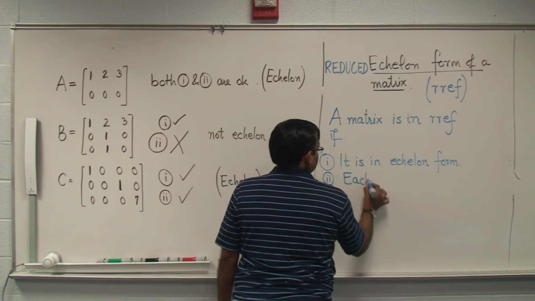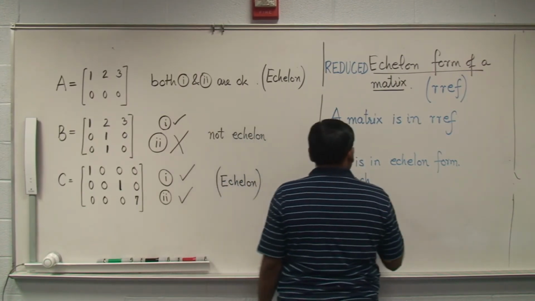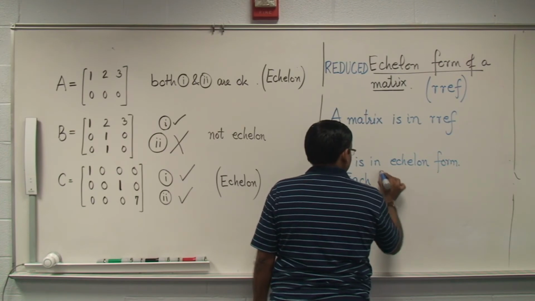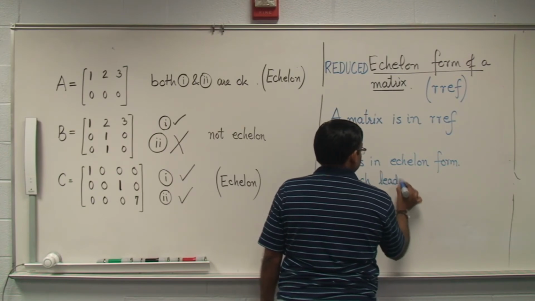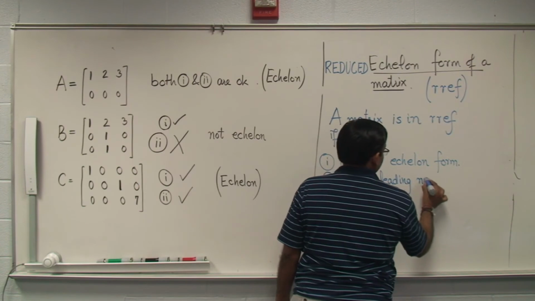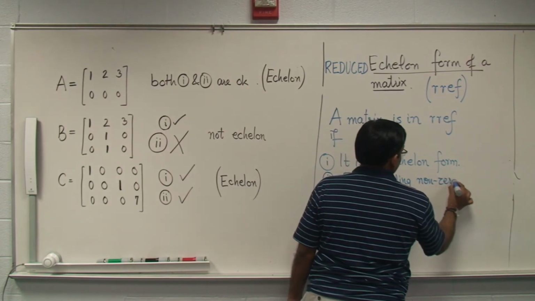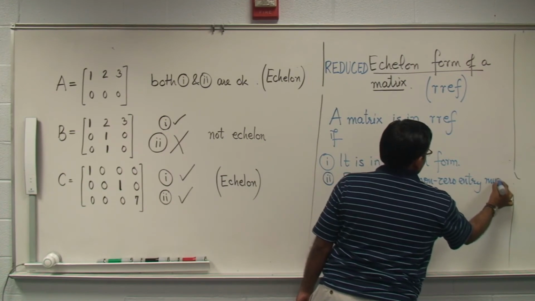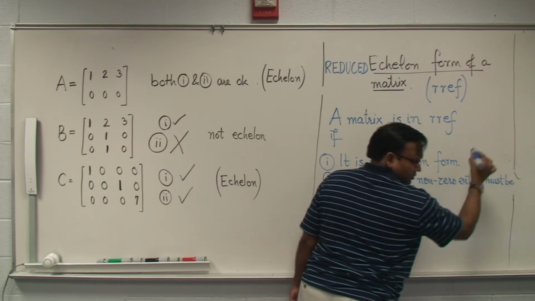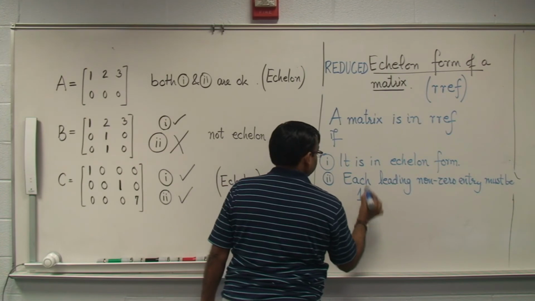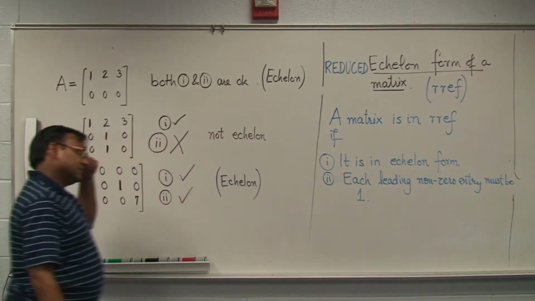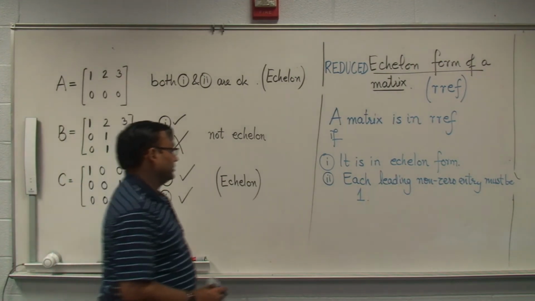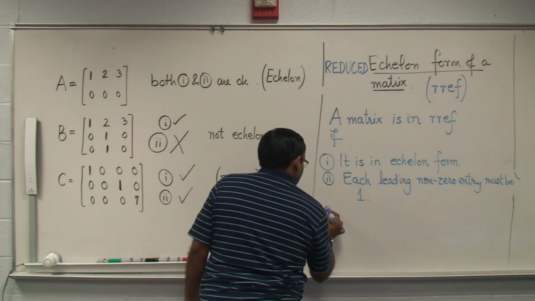So this is the thing we want to ensure this time, that each leading non-zero entry must be 1. So we are not just saying that there should be a leading non-zero entry, but we are emphasizing that the leading non-zero entry must be 1.